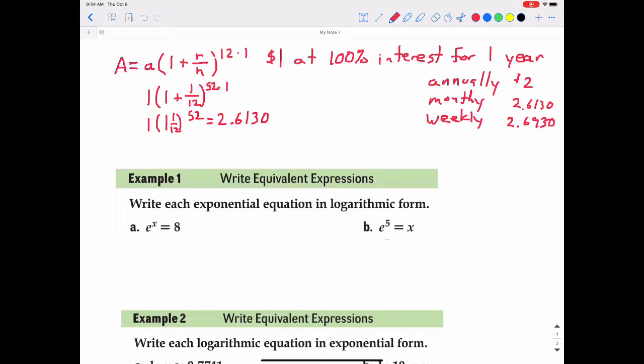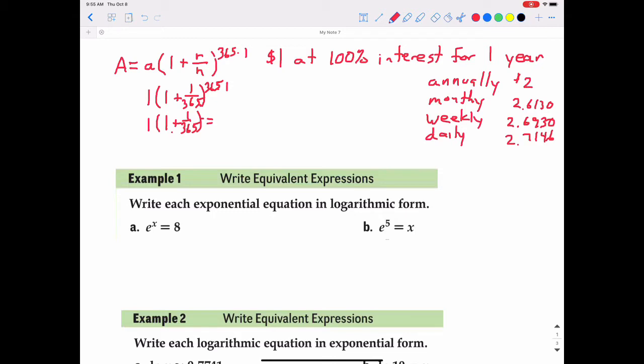We could do it daily, and your answer would be 2.7146. And we can do it even, let's just skip to minutely.